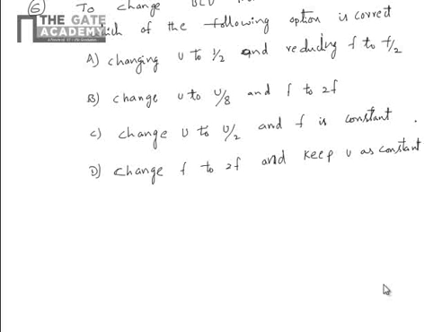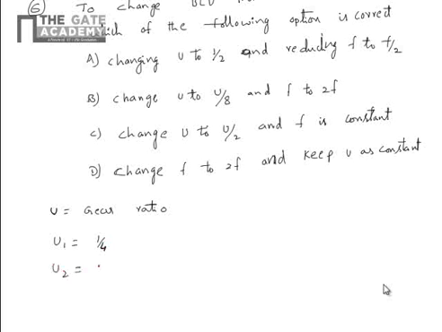So these are the options. Which one satisfies increasing the BLU from 5 to 10 microns? So we have to check. Here u equals the gear ratio. The present gear ratio u1 is 1 by 4, which is initial.